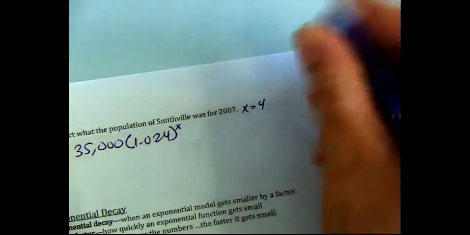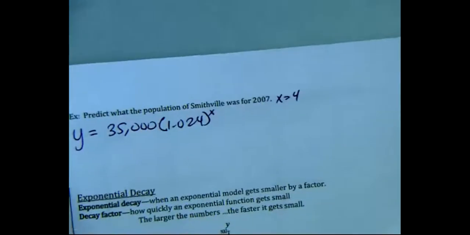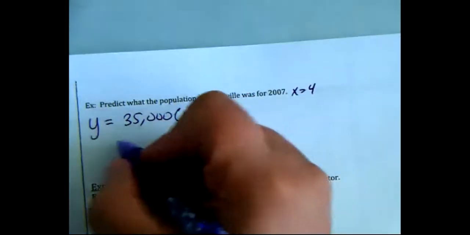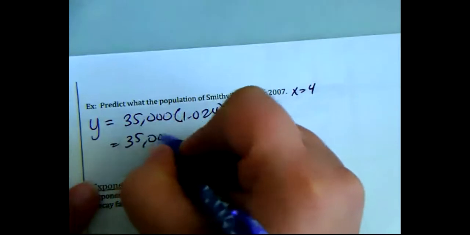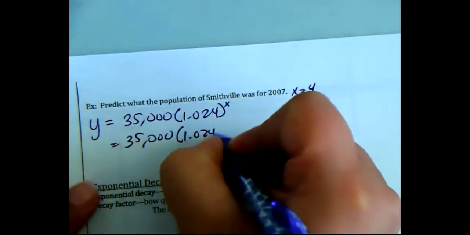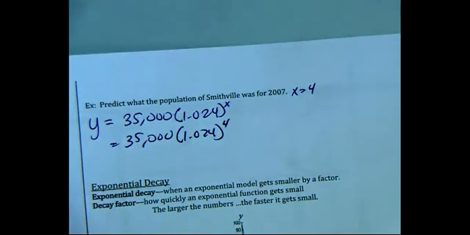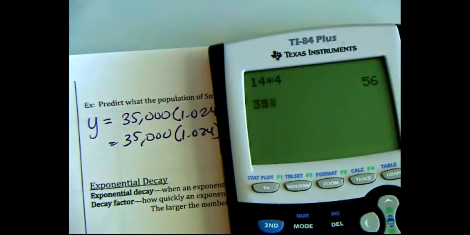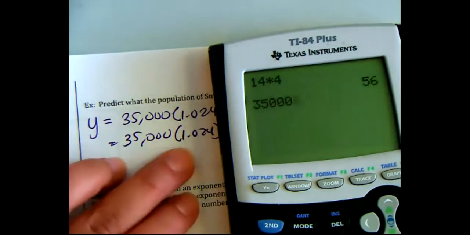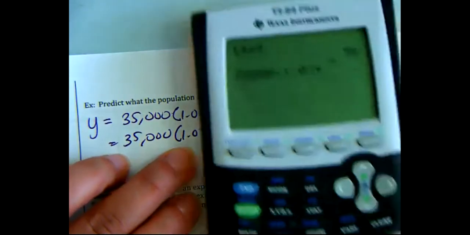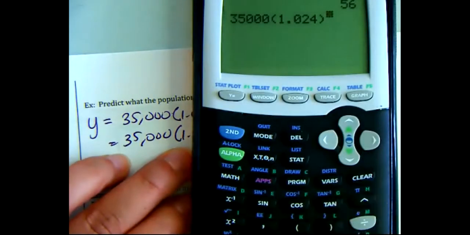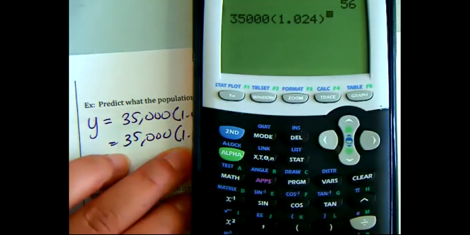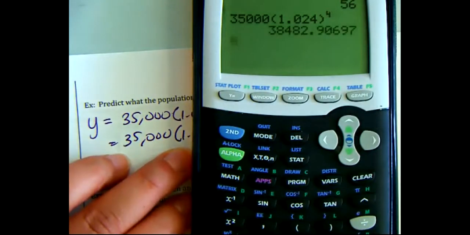So all we do is plug that in to the fourth power there. 35,000 parentheses 1.024, I'm going to use my little caret right over here, that puts it up into the exponent. Put in my 4. There we go.